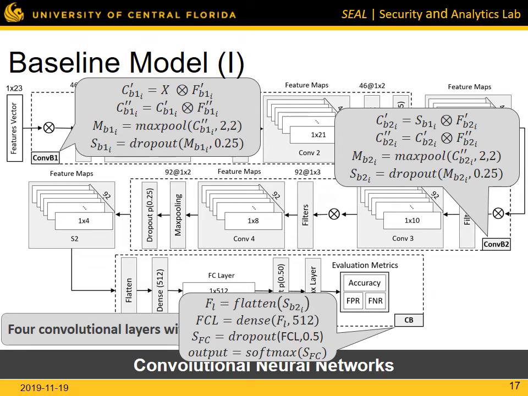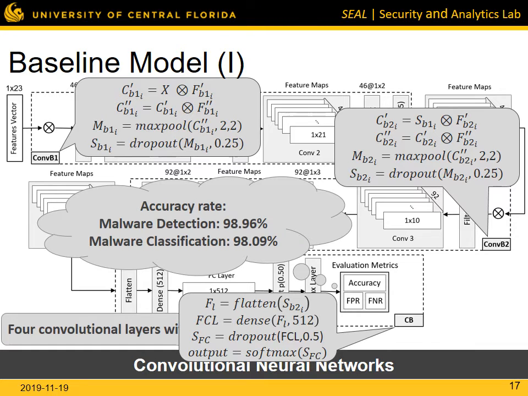However, the third block starts with a flattening operation, followed by a dense layer of size 512 and a dropout operation, and lastly a dense layer with a softmax activation function.